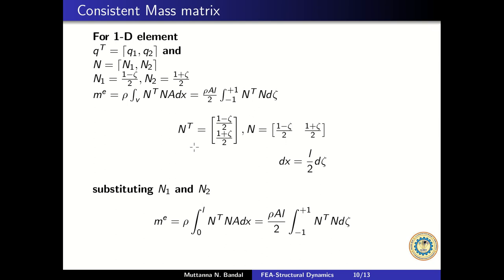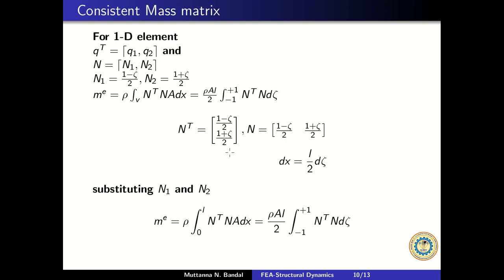And n transpose can be written as [1 minus zeta by 2, 1 plus zeta by 2], which is a 2 row and 1 column. And n, the transpose of this one, will be [1 minus zeta by 2, 1 plus zeta by 2], one row and two columns.